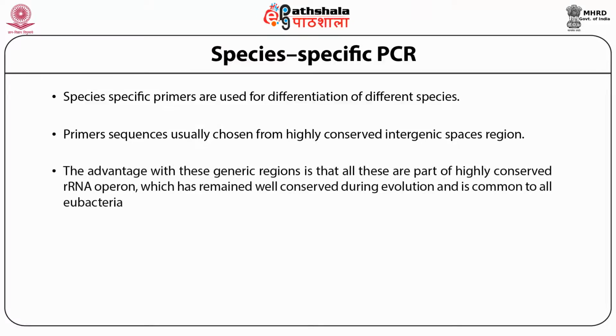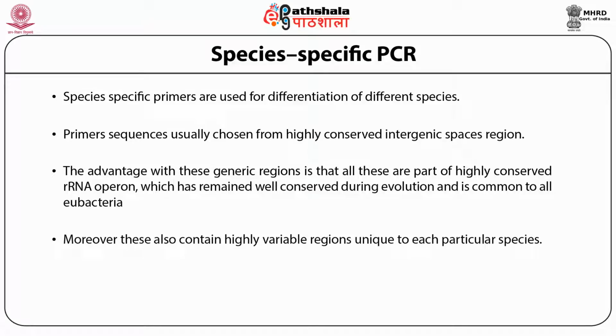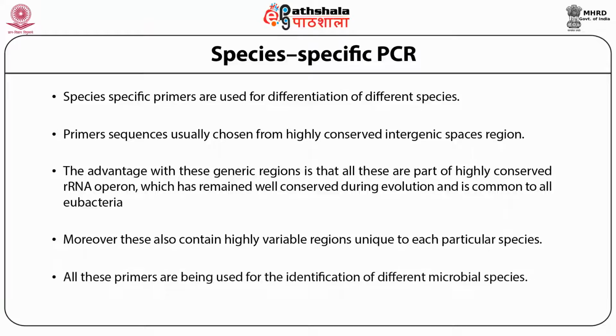The advantage of these genic regions is that all of them are part of the highly conserved rRNA operon, which has remained well conserved during evolution and is common to all eubacteria. Moreover, these also contain highly variable regions unique to each particular species. So this means that these regions are highly conserved and may not be found in other species. So all these primers are being used for the identification of different microbial species.